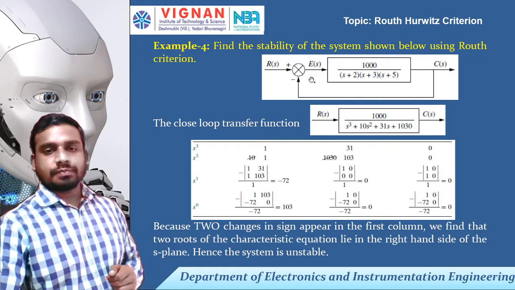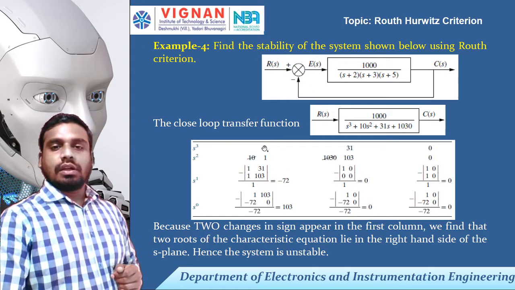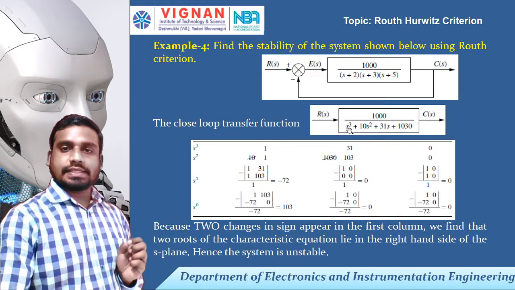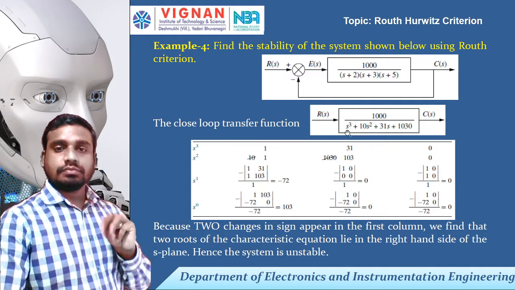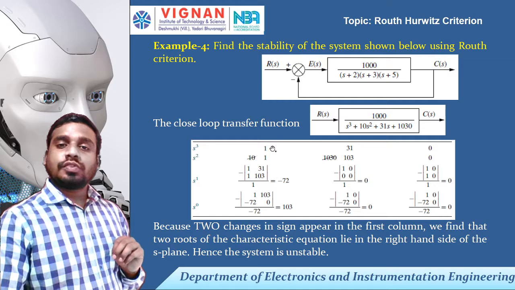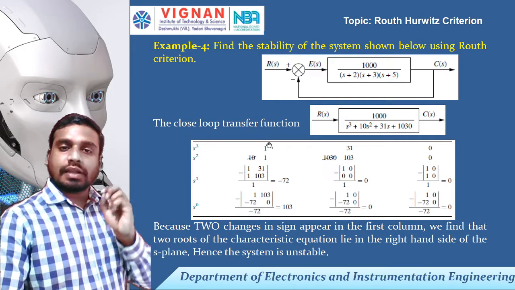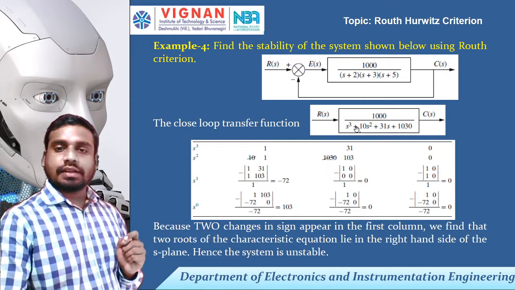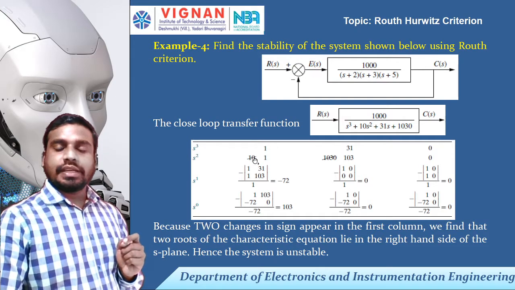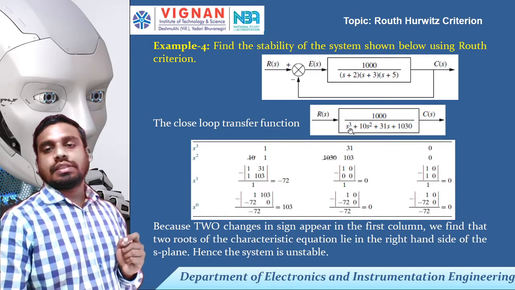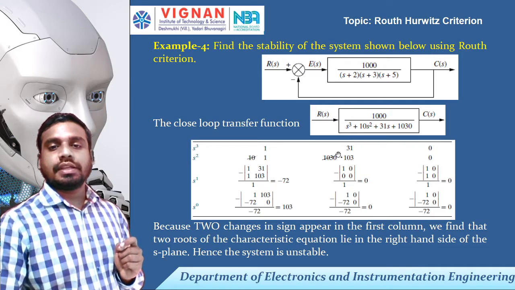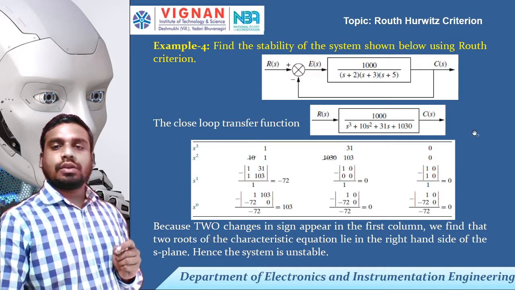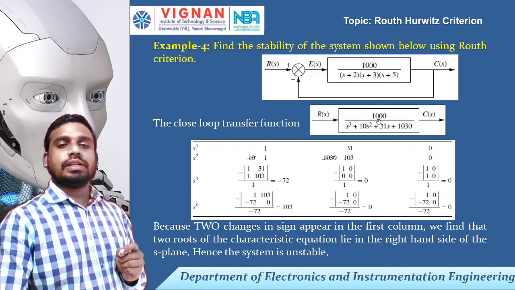So what we get here, in the Routh table you can see the first row, s cube, order of 3. The first coefficient of the characteristic equation is 1. Then the second coefficient is 10, which you write here. The third coefficient is 31, you can write it here. The fourth coefficient is 1030, you can write it here. Then no other terms, so we make them 0 and 0.